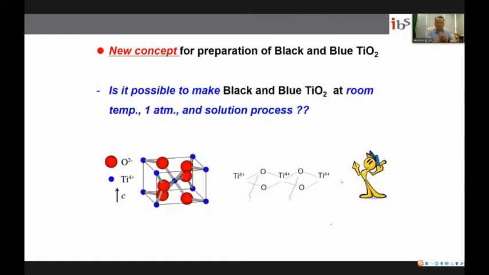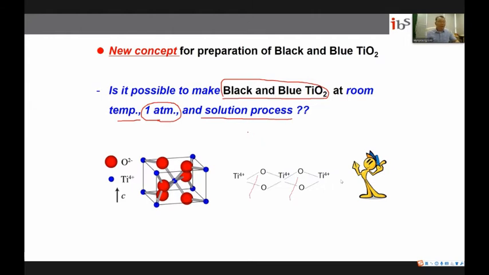So, okay, our question, our challenge, is: is it possible to make black and blue TiO2 at room temperature, not 200 Celsius degrees, and 1 atmosphere, not 20 bar, in a solution process?